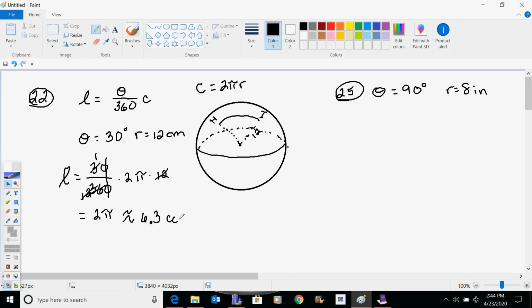And this would be in cubic centimeters. Oops, cc's. Sometimes you can say cc's, or you can say centimeters cubed or cubic centimeters, however you want to do that.